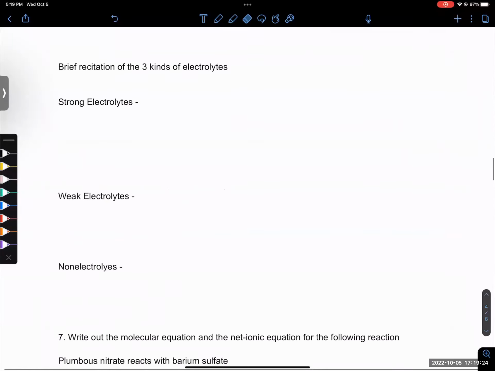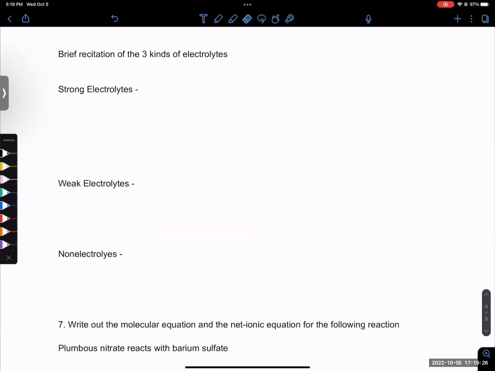I did want to give a brief review because one of the things people said they couldn't distinguish was different types of electrolytes. So it's going to be very brief. I know some of y'all might not need this, but strong electrolytes are things that dissociate completely, 100% of the time. That includes strong acids, strong bases, and soluble salts.